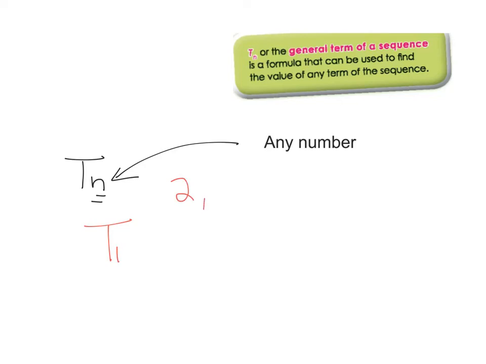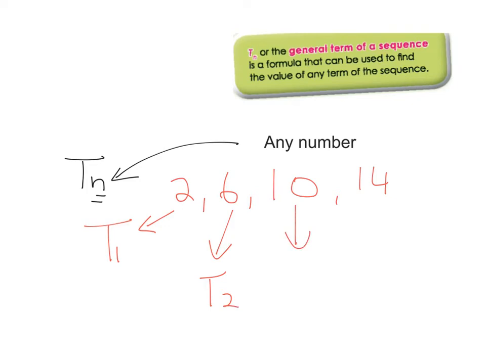If I'm looking to find the rule, I am looking to find term n, where n can be any number I want. When you're given a sequence, you can immediately find term 1. Say I'm given the sequence 2, 6, 10, 14, I can immediately find term 1, term 2.